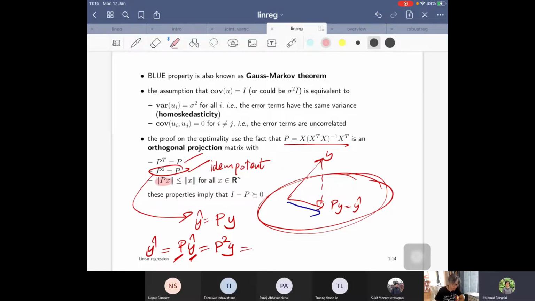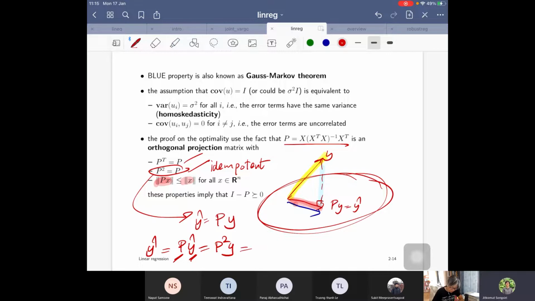The third property can be shown as well. The norm of the projected vector Px is always less than the norm of the original vector. What's the meaning of the third property? This is the original vector, the yellow one. When you project it on some subspace, the norm of the pink vector cannot be bigger than the norm of the original one, because the pink vector must be added up with the blue term to get the yellow one.